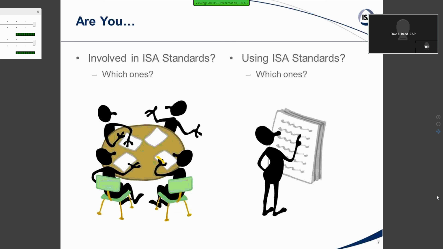And for those of you who are interested in things that are not alarms, we're forming a working group on alerts and notifications and prompts and all that other stuff that's not per se alarms per the definition. So you're going to want to get in touch with me if you're interested in that stuff as we go forward. Excellent. Thank you, Dale. And thanks for working on that, taking the lead on that working group. Anybody else online that's involved with ISA standards today?